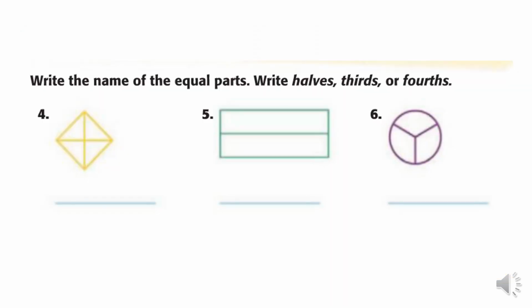In this next activity, they're asking you to write the name of the equal parts. Let me tell you what those words are. The first one is halves. Halves means mitades. So halves means they're asking you for the half, la mitad.